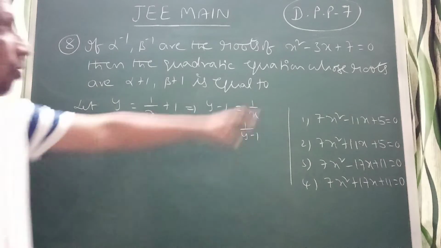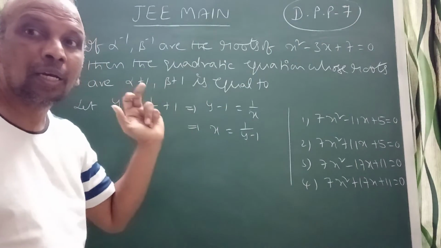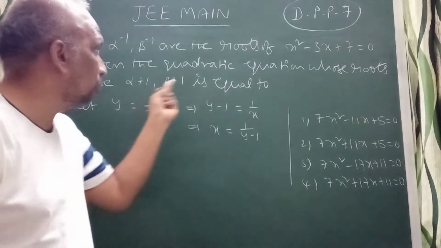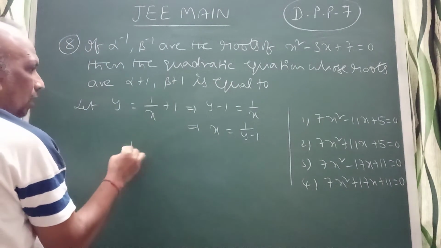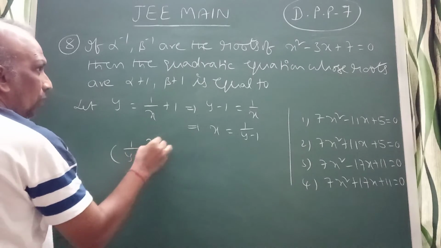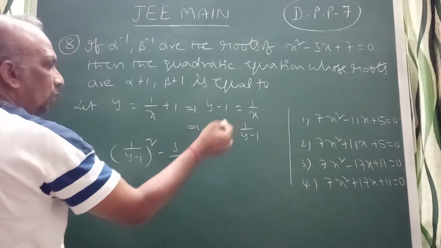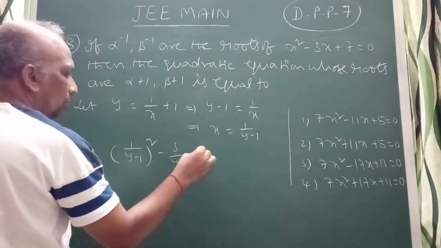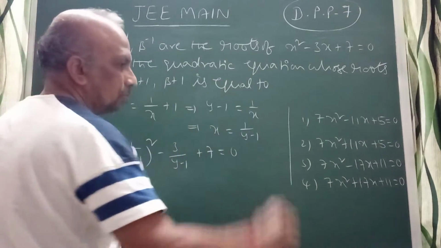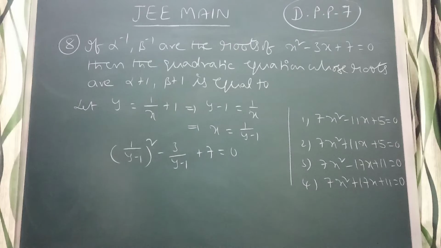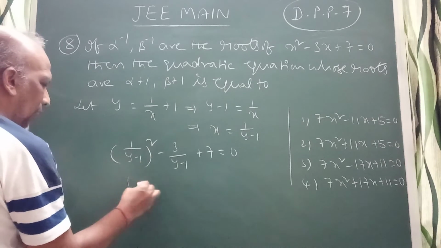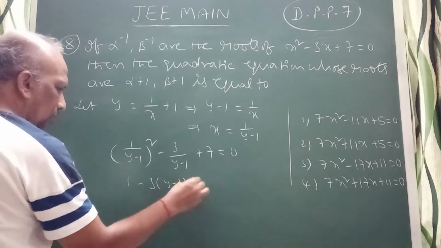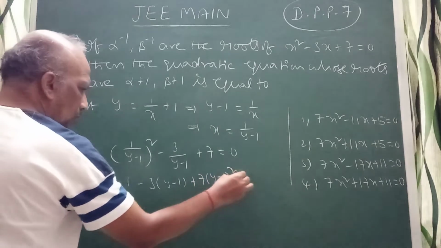If I replace x with 1 by y minus 1, we get the equation whose roots are alpha plus 1, beta plus 1. Then in place of x square, I write 1 by (y minus 1) whole square, minus 3 into 1 by (y minus 1), plus 7 equal to 0. Taking (y minus 1) whole square as LCM to simplify, you get 1 minus 3 into (y minus 1) plus 7 into (y minus 1) whole square equal to 0.